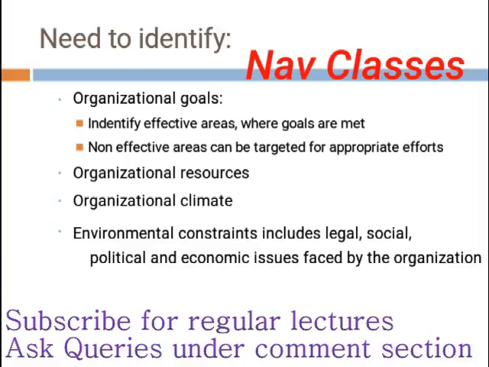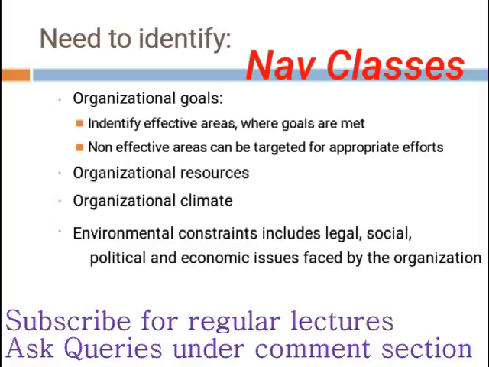Fourthly, environmental constraints. Environmental constraints include legal, social, political, and economic issues faced by an organization. Constraints often fall within SWOT analysis: organizational strength, weakness, opportunities, and threat analysis. If we take an example, then organization should give equal employment opportunity to their employees and to their future employees.